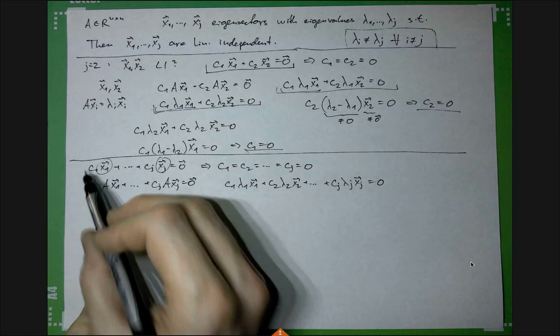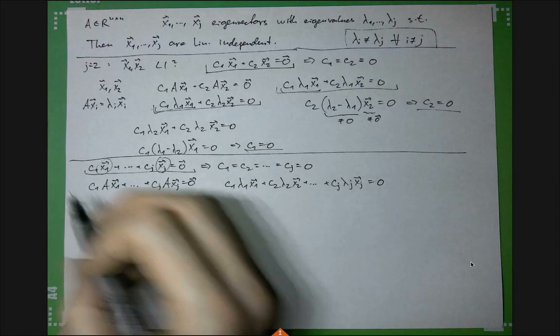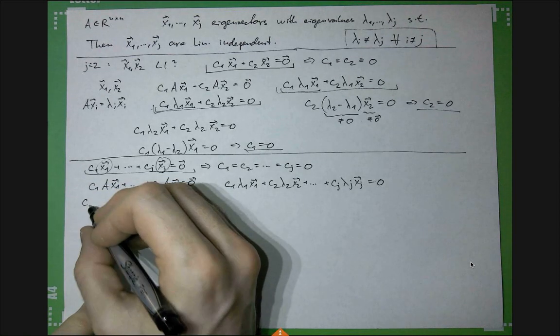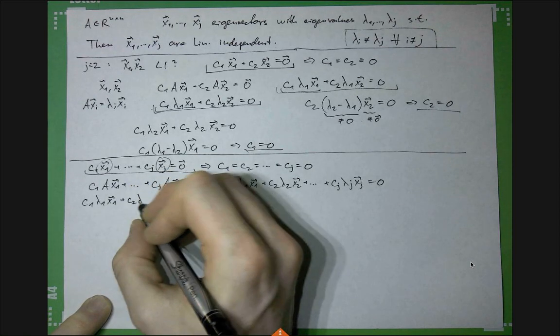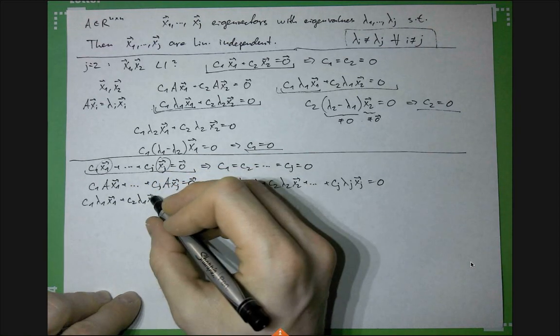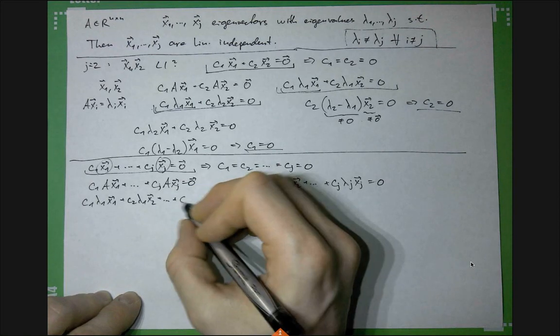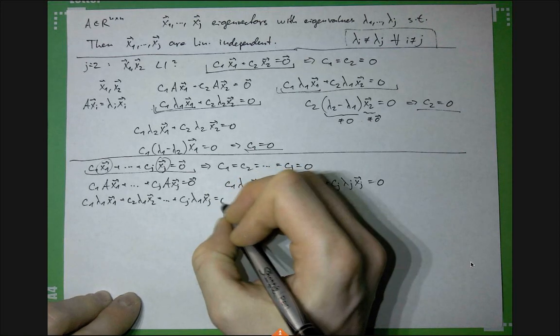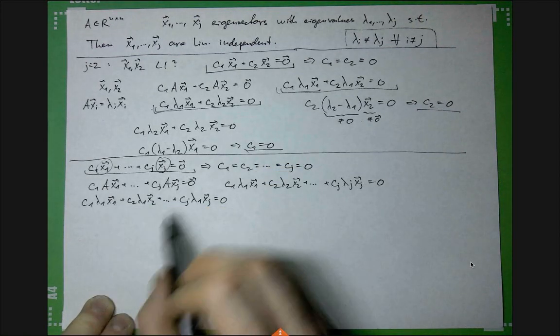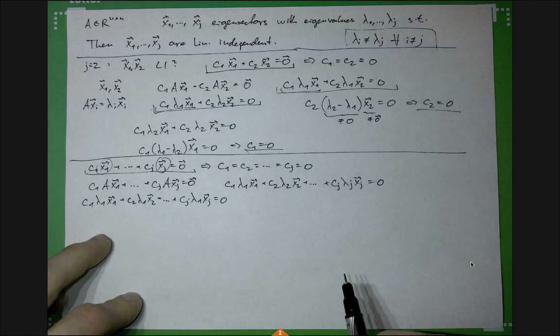So I can take this, that's my assumption, and multiply it with lambda 1: C1 lambda 1 x1 plus C2 lambda 1 x2, and so on, until Cj lambda 1 xj is 0. So I took this equation and multiplied all with lambda 1. I can do that, right?